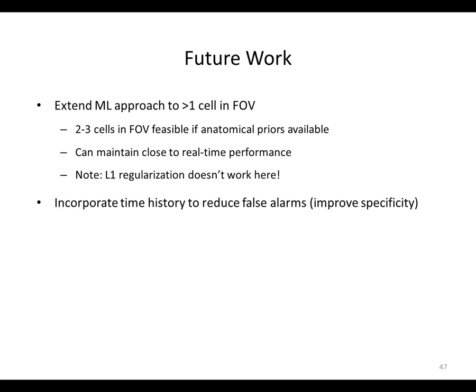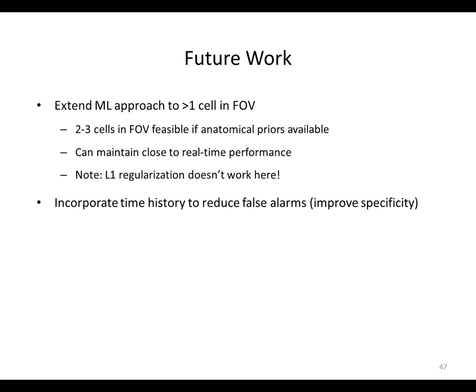However, we've done some simulations that say if you have some sort of prior anatomical information that can restrict that search space to maybe just where the blood vessels are, then we can maybe get away with using this approach to determine 2 or 3 cells simultaneously in the field of view and still maintain that close to real-time performance.